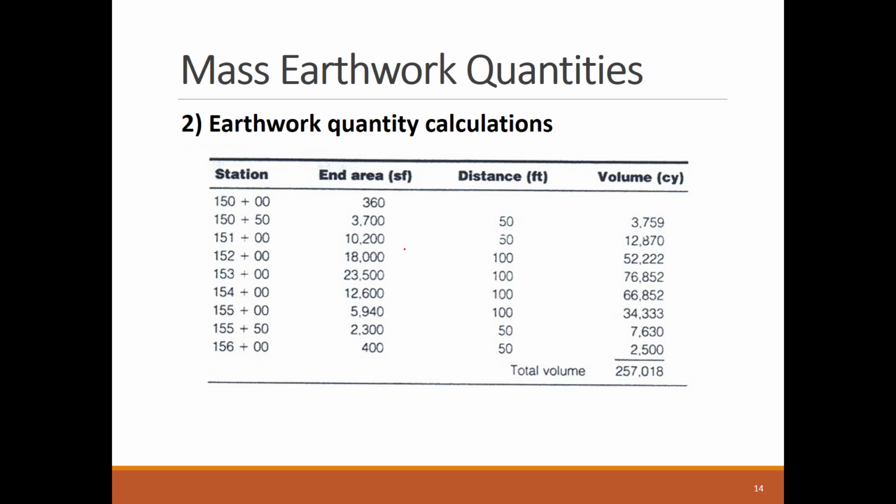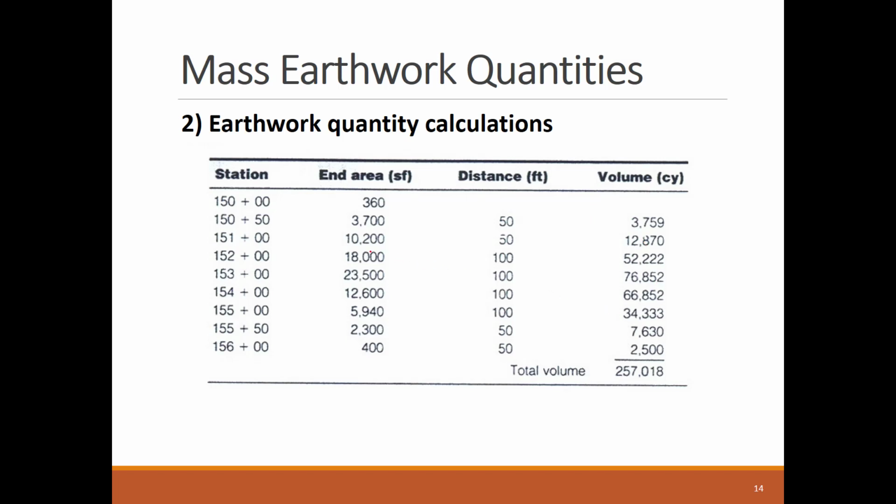The shown figure is an example of how the end area calculations are used to calculate the earthwork volumes. The figure organizes the calculations following the stations that mark the location of the cross-sections. They're calculated end areas, distance between two successive cross-sections, and earthwork volumes of each segment.